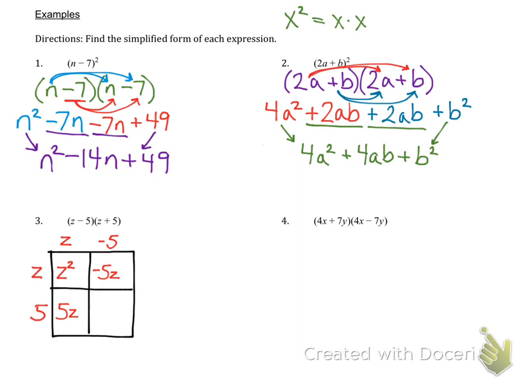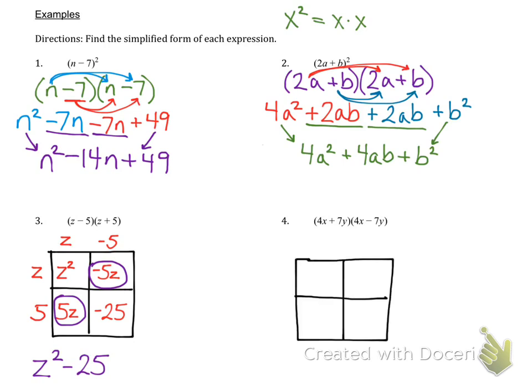And a negative 5 times a positive 5 is a negative 25. Now I'm going to write this in standard form, so I'm going to start with the term with the biggest degree, which is z squared. Then I'm going to combine negative 5z and positive 5z, and that actually makes 0, so that cancels. And then we're left with minus 25. So our answer here is z squared minus 25.